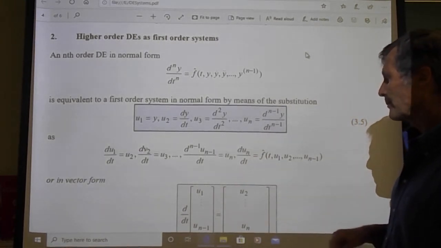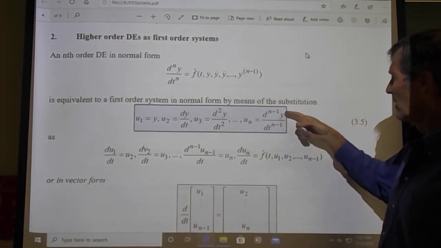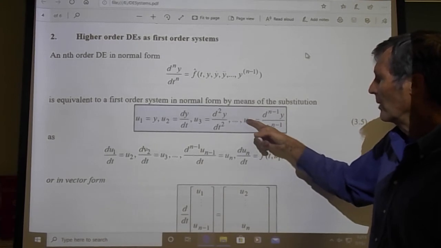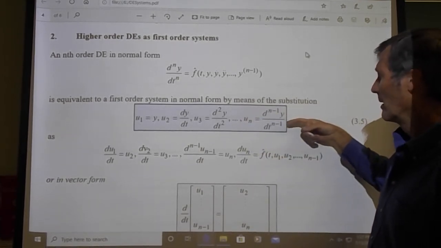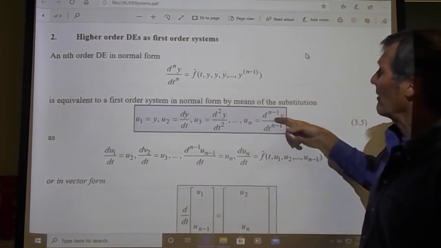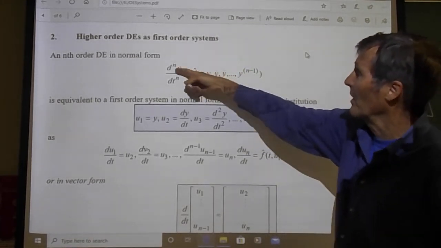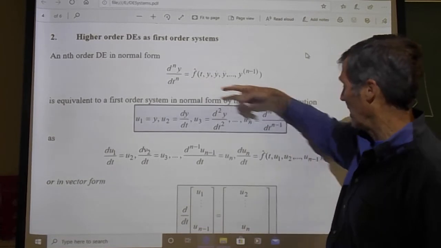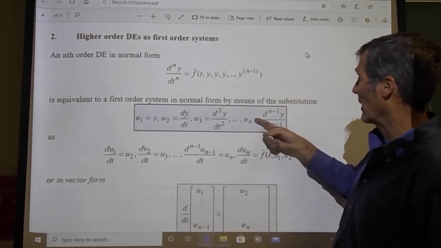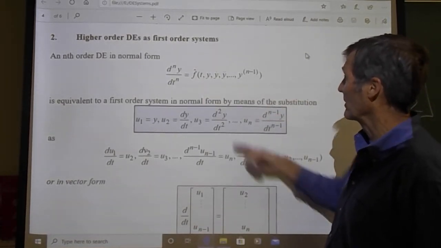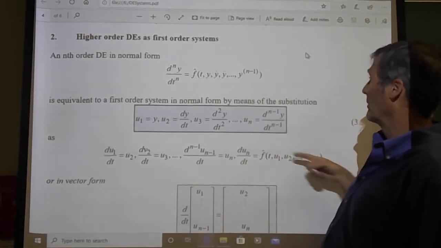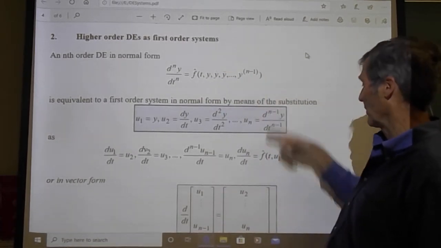After you do the last one, you say that the differential equation itself, the nth derivative of y, is the derivative of un, which is the n minus 1 derivative, is equal to f. Well, f is, you just replace the y's with these various derivatives.